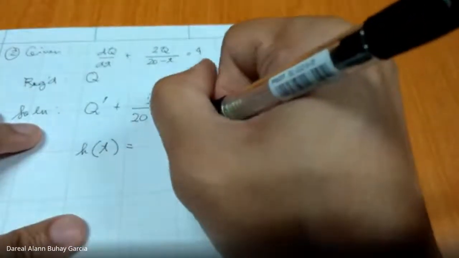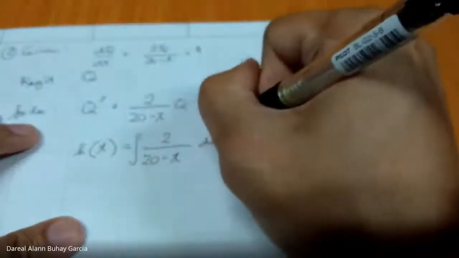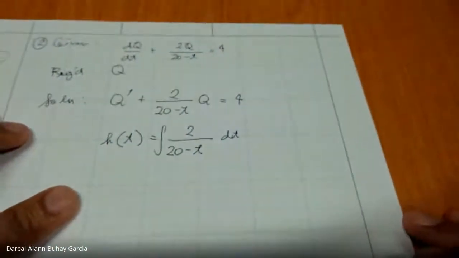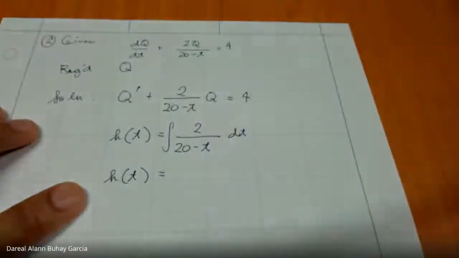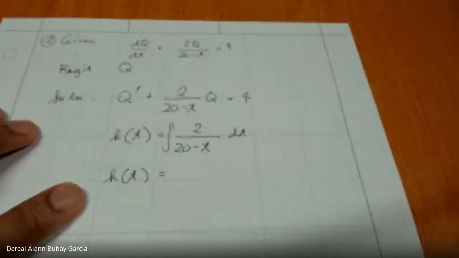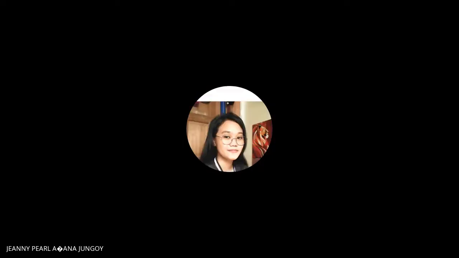So the integral of 2 over 20 minus t, dt. What do you think? Just by looking at it, two ln and minus 2. Negative 2.